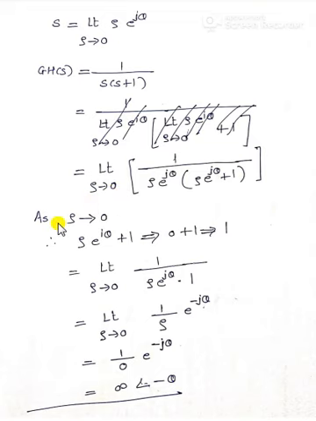Now here rho tends to 0, so this bracket rho e raised to j theta plus 1 is reduced to one value. Why? Because this product tends to 0, so 0 plus 1 means 1. So we are rewriting the above equation: limit rho tends to 0, 1 upon rho e raised to j theta, and this bracket is reduced to one value.